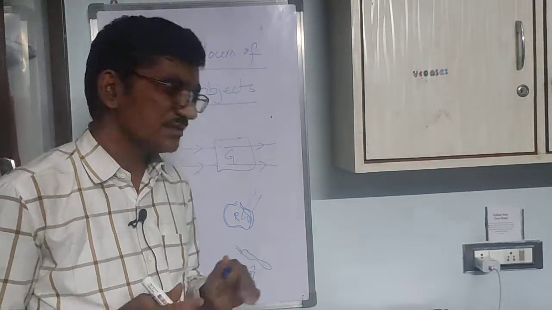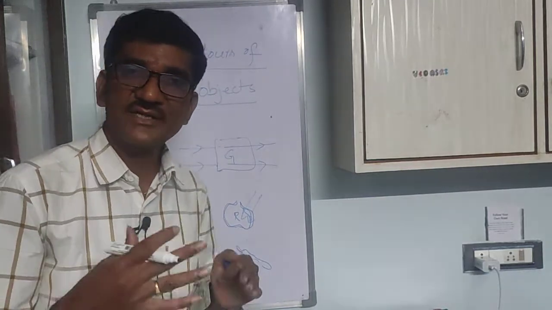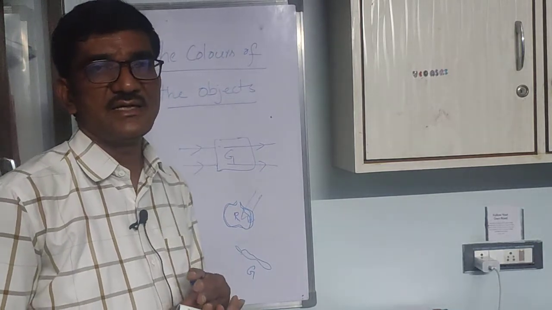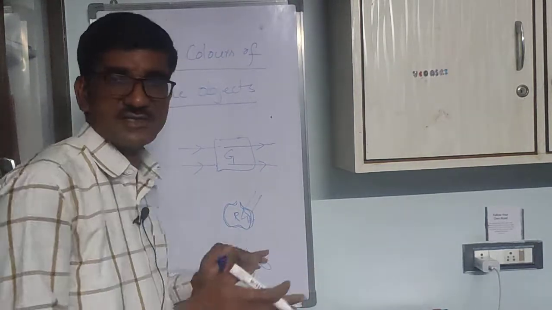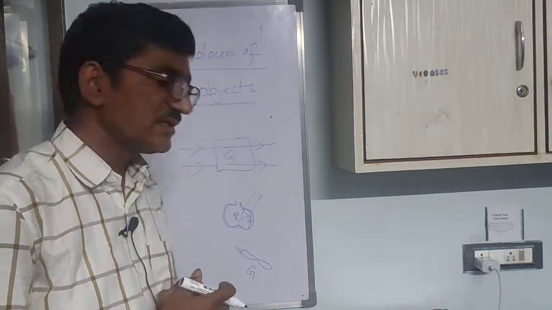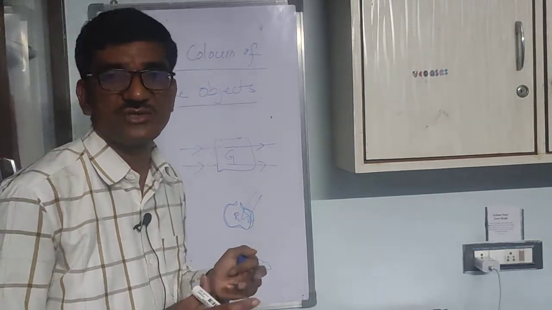That is the reason why we are able to see different objects in different colors. That means from material to material, its internal structure is different. The properties of those objects are different. That's why they are selectively absorbing a few colors and leaving out the other colors.